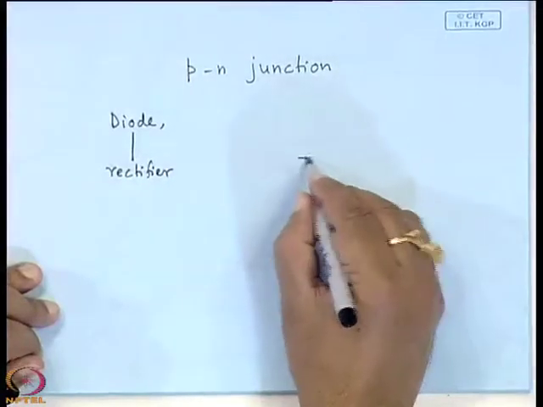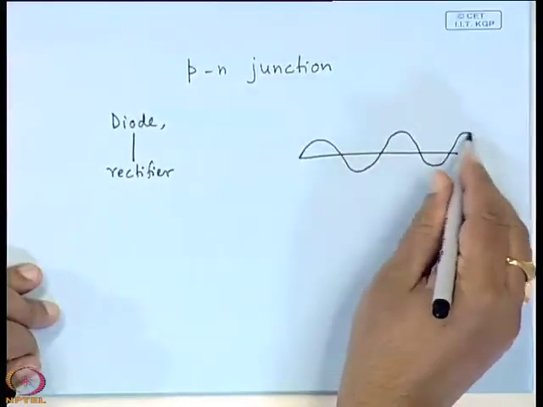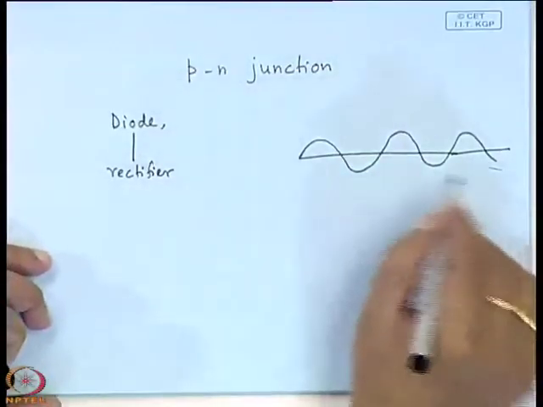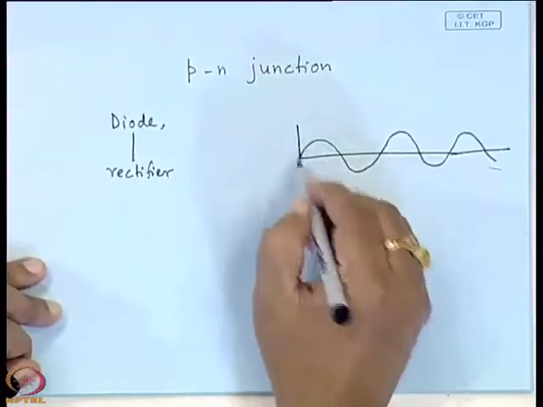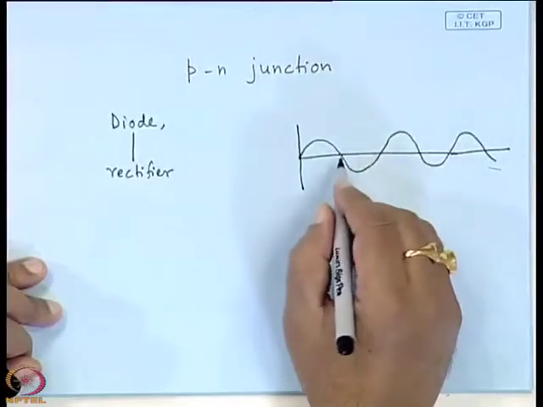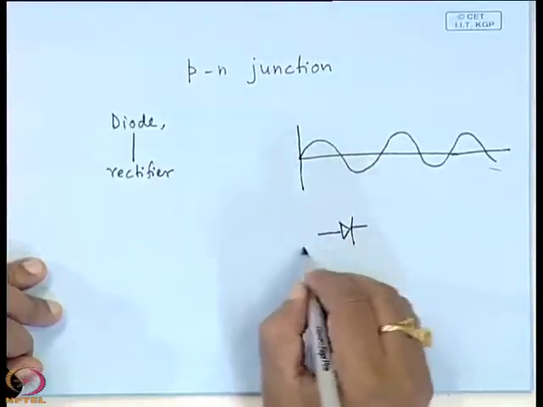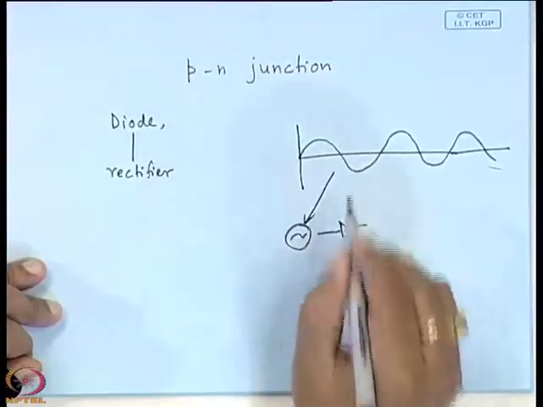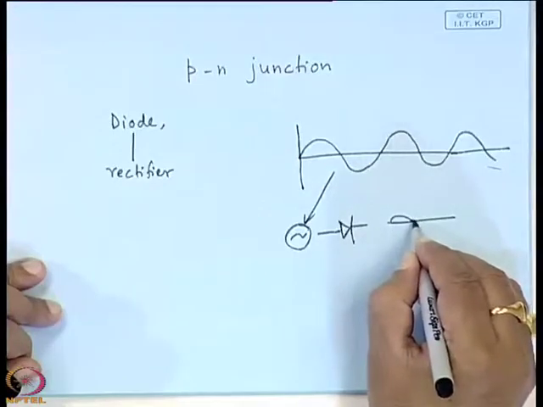Normally, what happens? Say in AC, such a kind of waveform is seen. That means on both the positive and negative directions, current or voltage flows. Then if you use a p-n junction diode and give the input like this, you will get the output as this type of pulse.